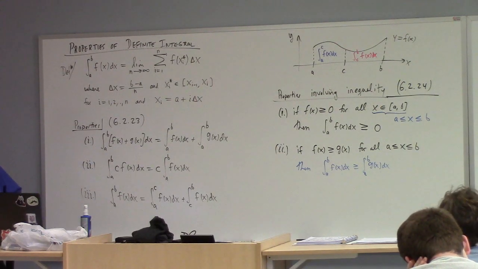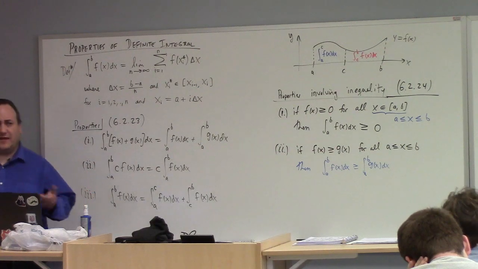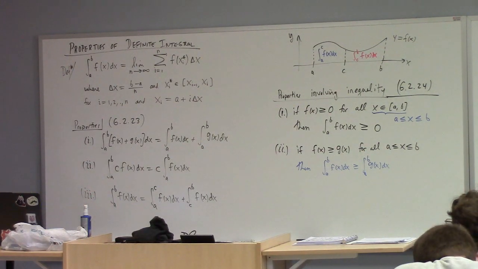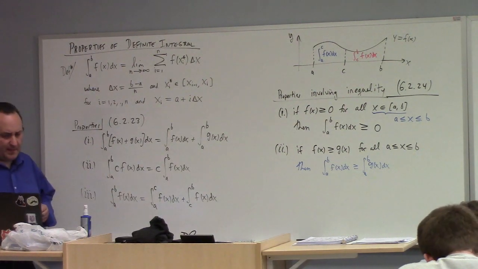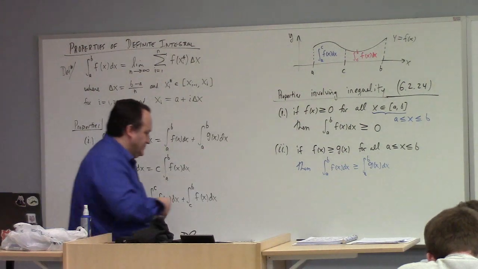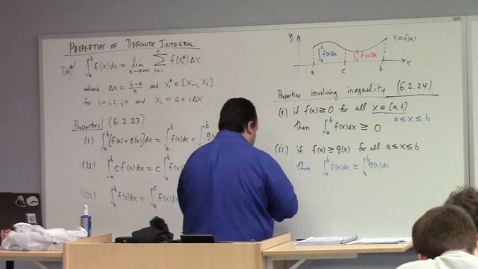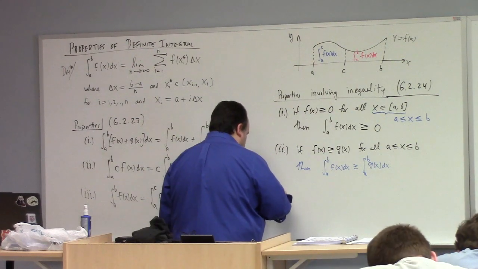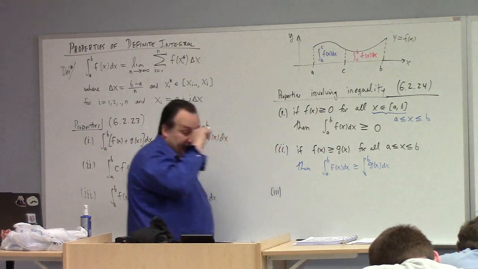The proof of these all stems from just applying the squeeze theorem or the corresponding estimate theorems for limits to the definition. So these things can be proved. And then number 3, we sort of did last time in a sense, but it's again somewhat obvious here.